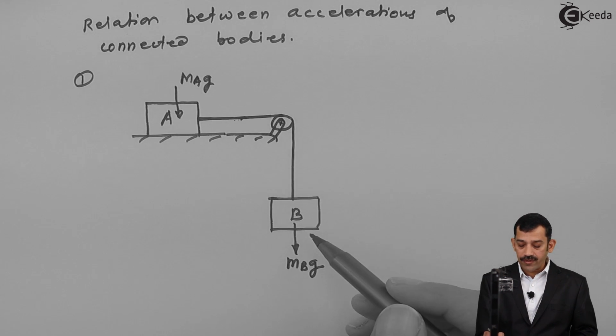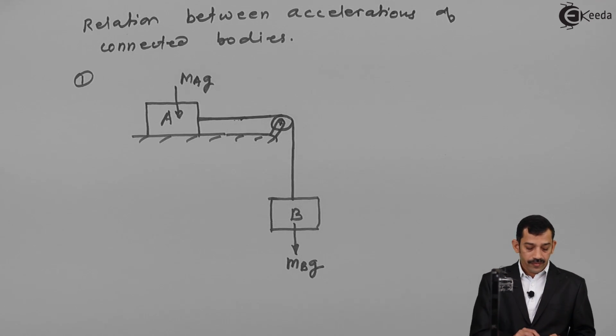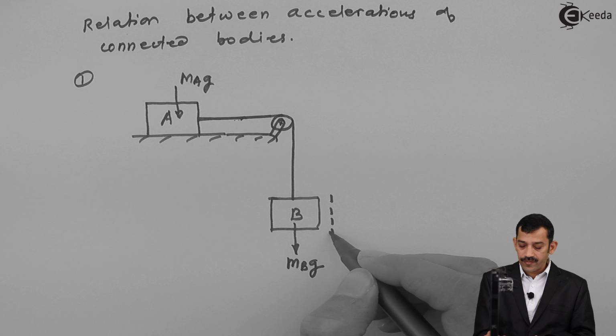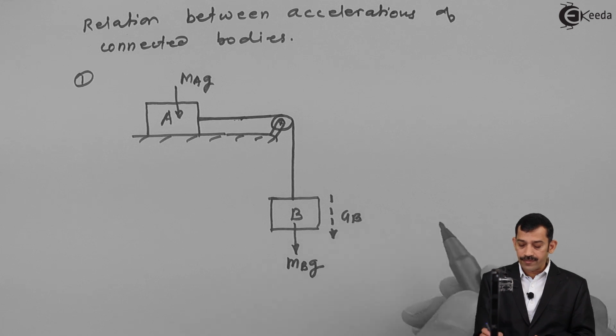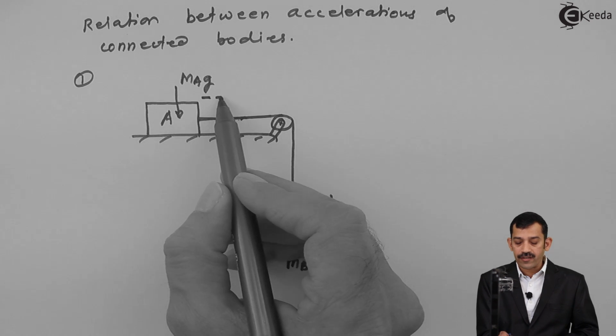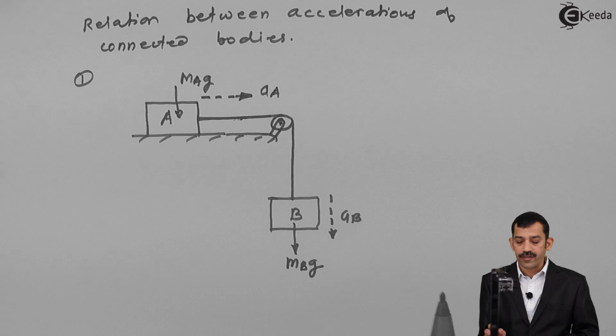What tension is developed in the string is due to weight of this block B. Therefore in this case block B has to accelerate in downward direction. That means this is acceleration of block B. If block B moves or accelerates in downward direction, block A has to accelerate in rightward direction. Say this is acceleration of block A.